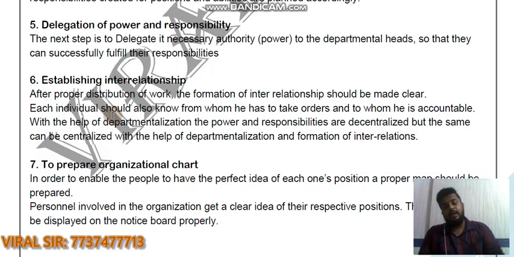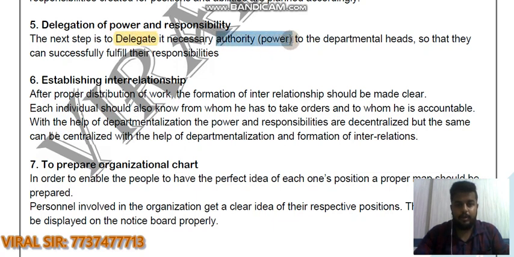Because in the second chapter you studied already, responsibility without power or authority is of no use. Authority without responsibility is of no use. So if we are giving someone some kind of responsibility, we need to give them authority and power to fulfill the job needed. Clear? So the next, fifth step is to delegate the authority or power.